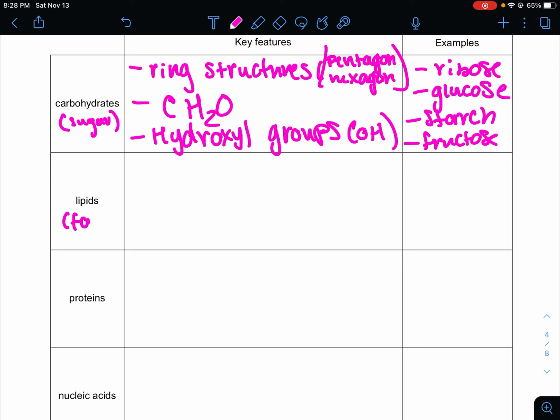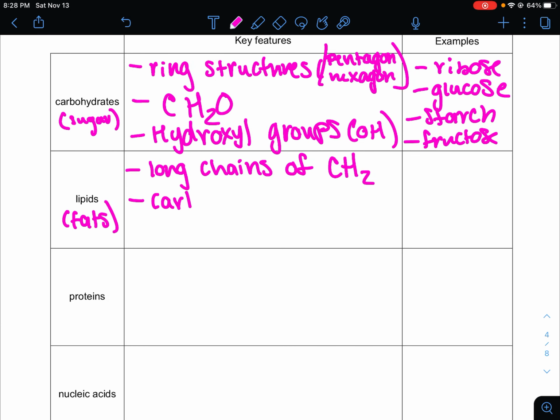Lipids are fats. Their key features are that they are made up of long chains of carbon and hydrogen, CH2s, and that's where we have that little bracket with the N, meaning that there could be really long, big amounts of CH2s. So we use that N to be the variable for that.